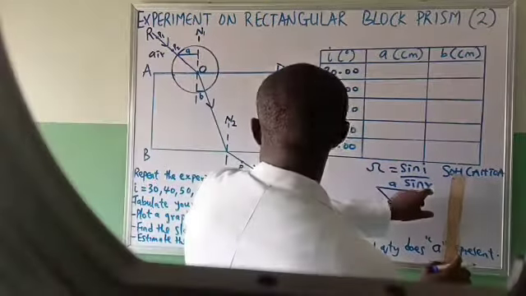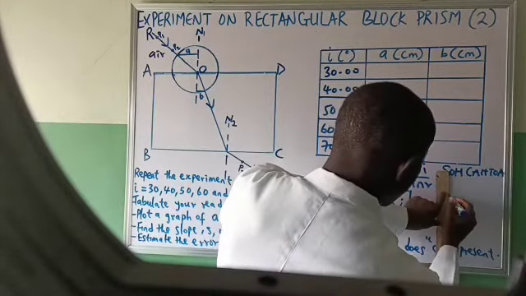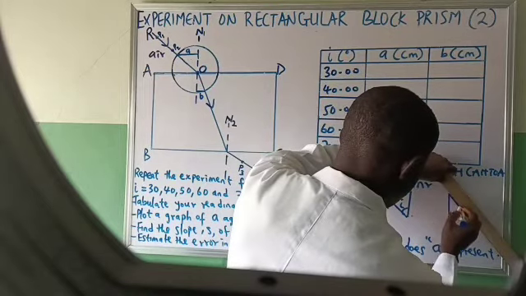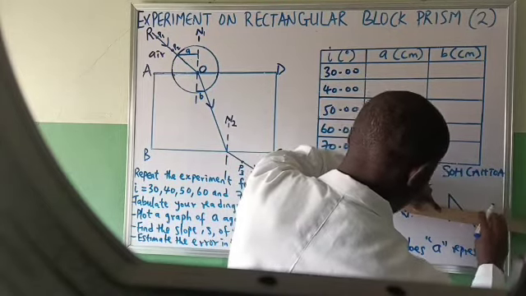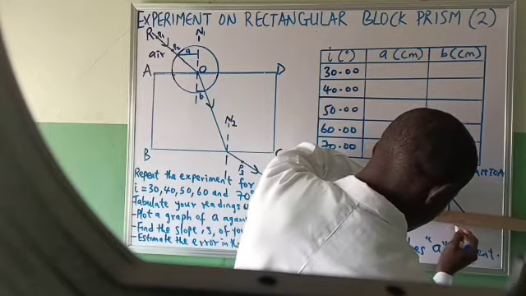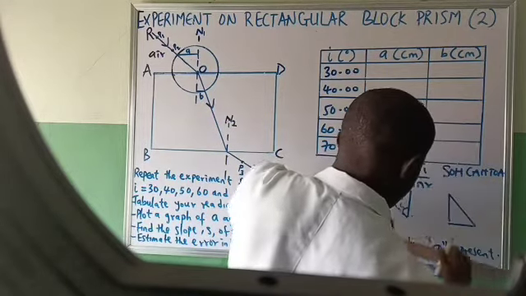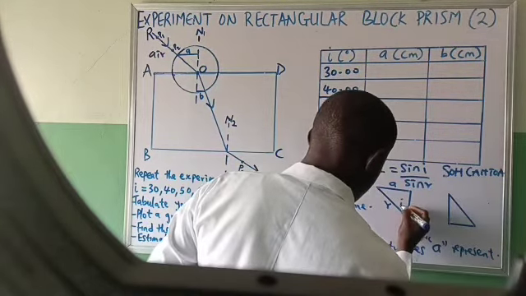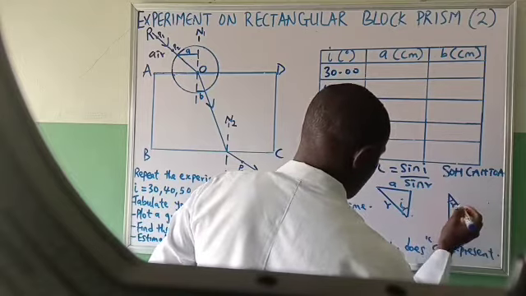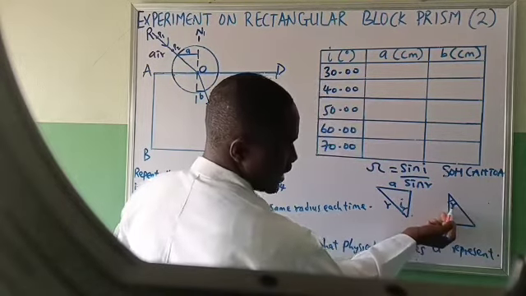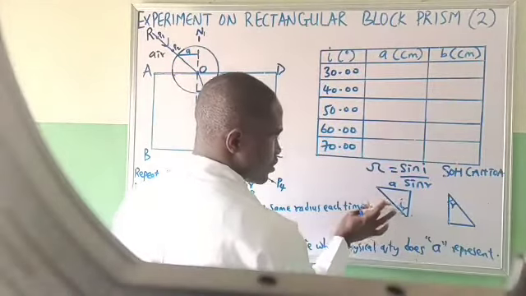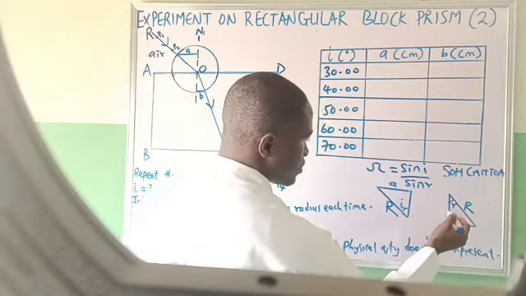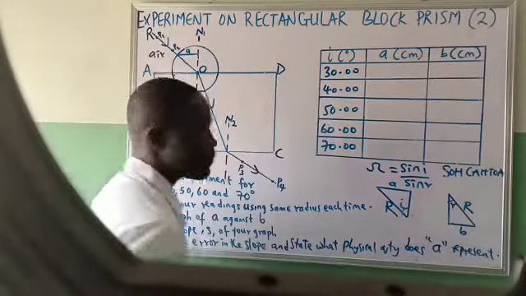Then the next one is to bring out this. So this is your r. At this point, this is your refraction. This is your radius. This is your radius. Then this is your B.